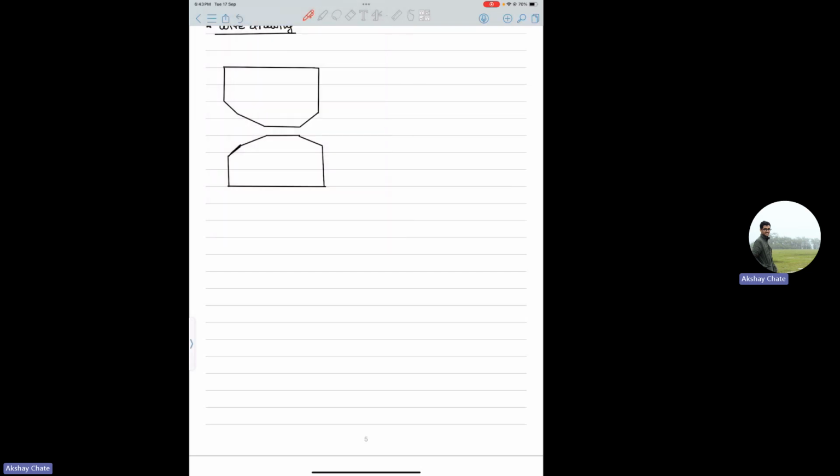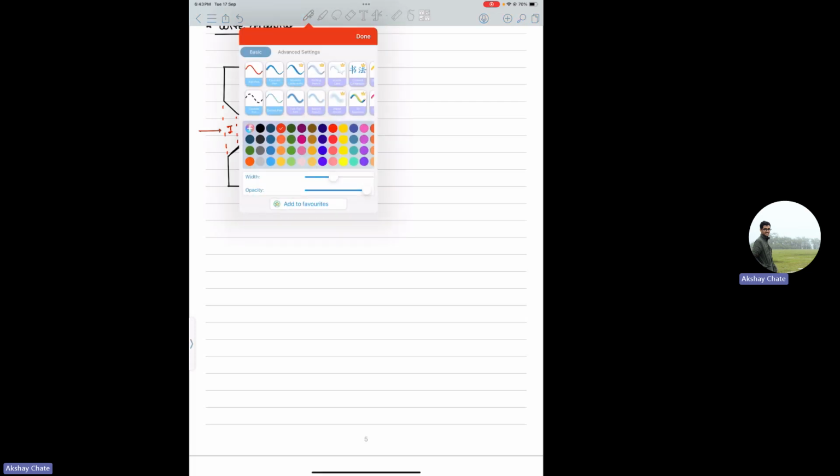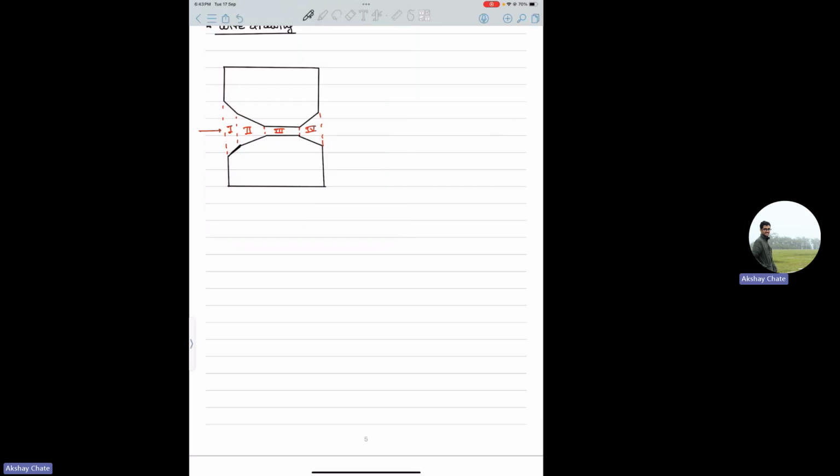Let's talk from inlet to outlet. There are four regions: first, second, third, and fourth. This is your die, both from top and bottom, and this is your direction of wire drawing. Basically, you will have a larger cross-sectional area going in, and then the cross-sectional area goes down.